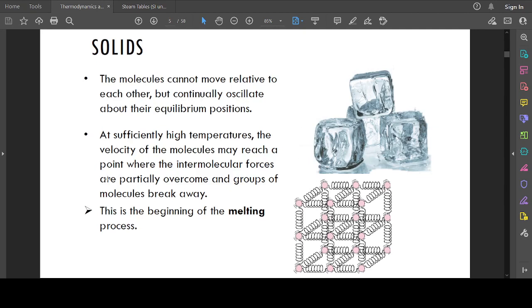So if the molecules cannot move relative to each other but continually oscillate about their equilibrium position, at a sufficient temperature, the velocity of the molecules may reach a point where the intermolecular forces are partially overcome and the groups of molecules break away, and this leads to melting of the solid.